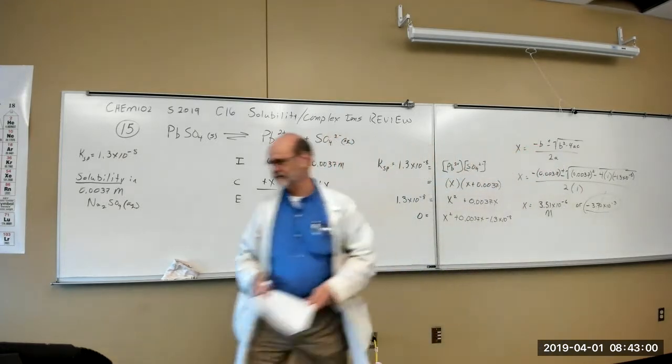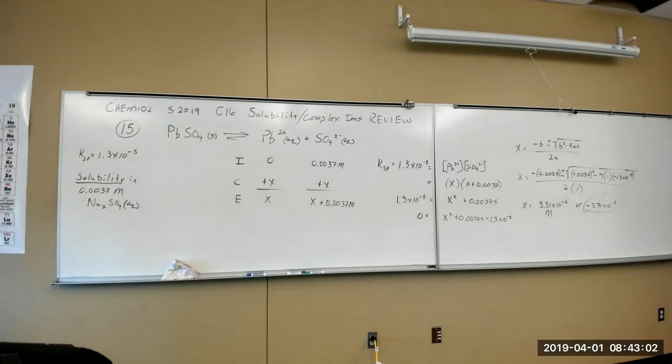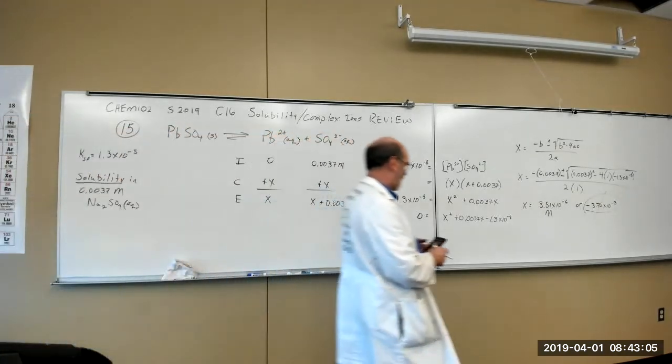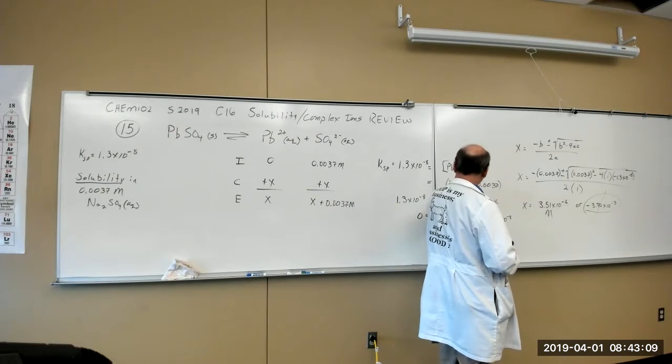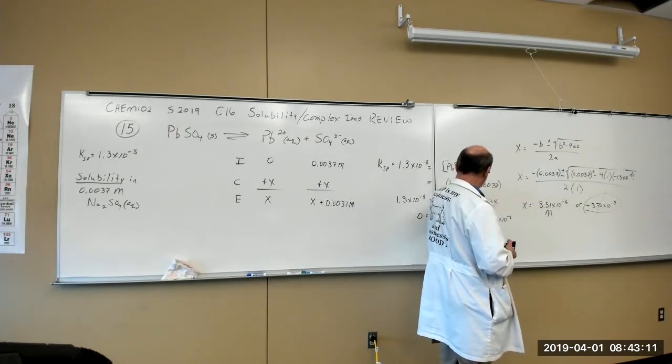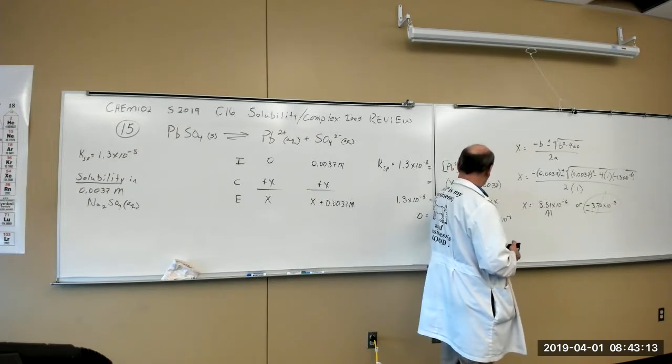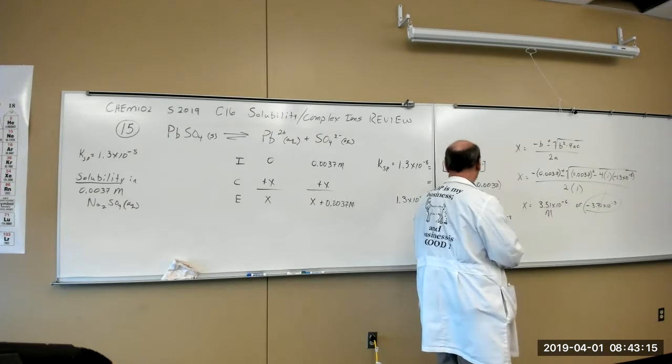Now I'm curious, what if we did say that this was small, and then it'd be x times that is equal to this?